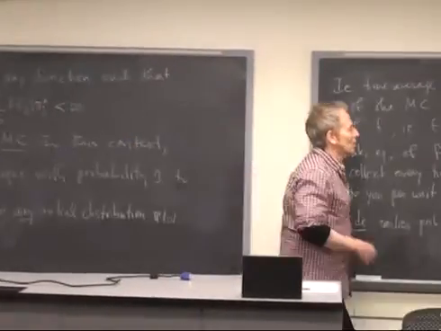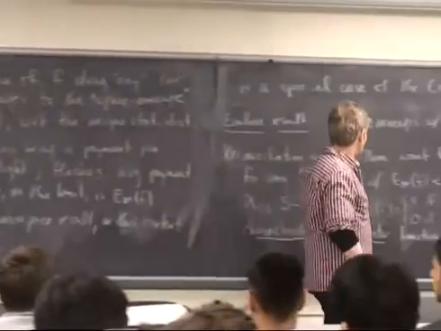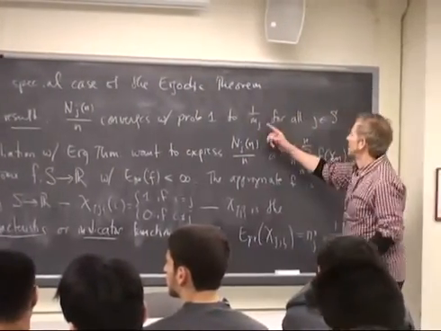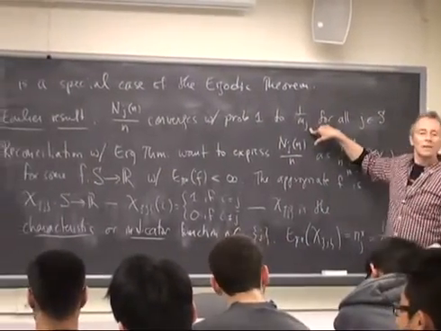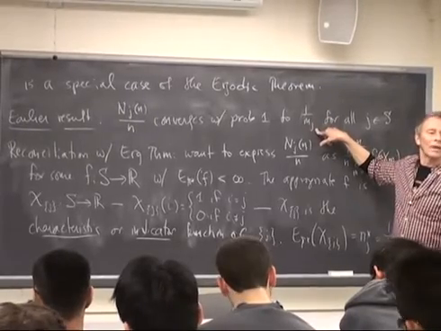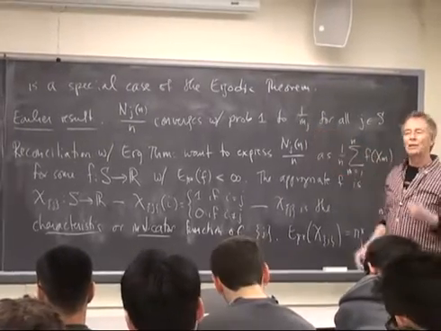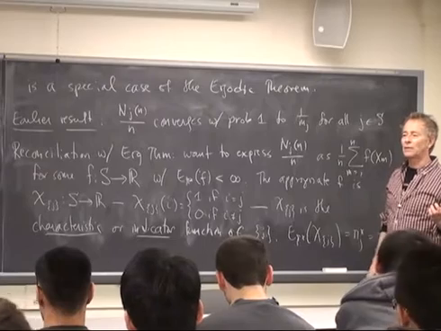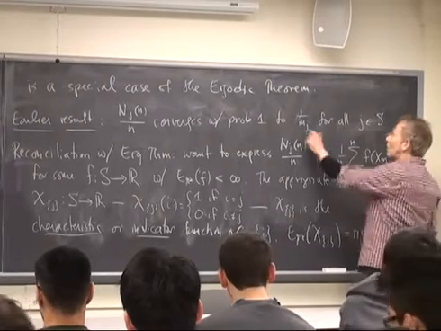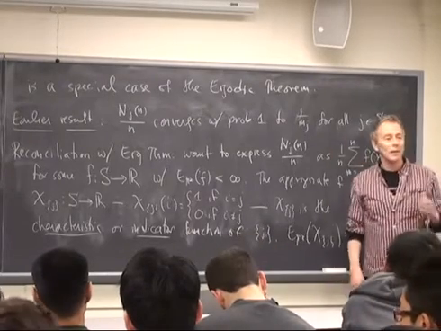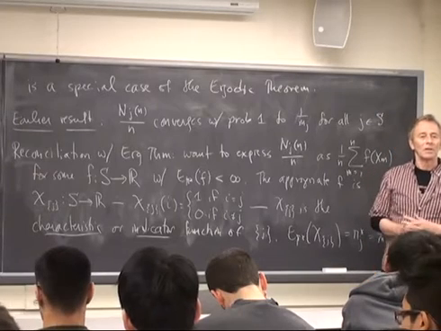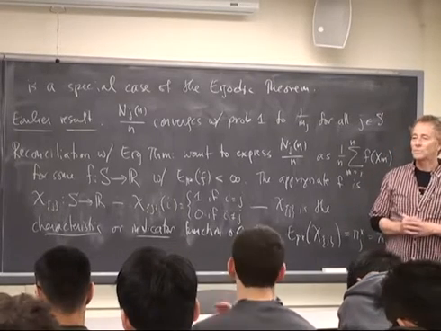Well, that's going to turn out to be 1 over mj. Now, why do you expect that? Because if mj is big, that is to say, if it takes a long time on average to return to state j, you're not going to be collecting $1 very frequently. Whereas if mj is small, if you're going to get back to j pretty quickly, then you're going to be collecting money quite often.